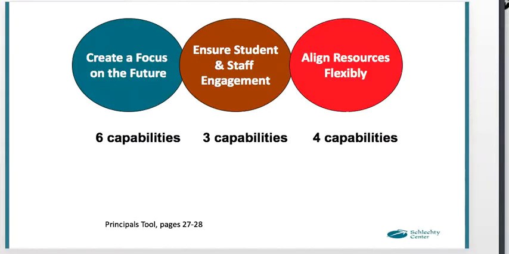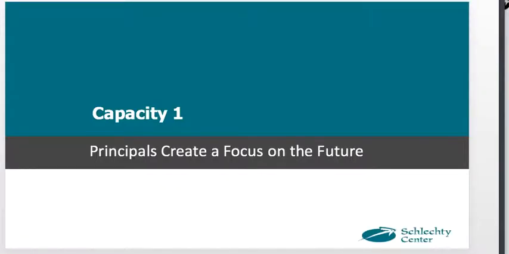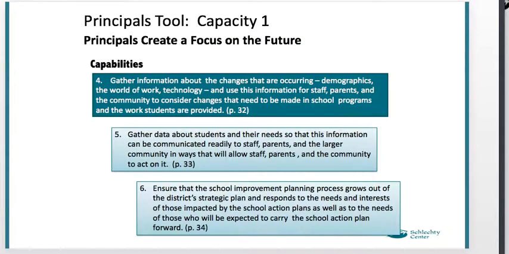For example, in capacity 1, we will focus on the principals creating a focus on the future. And the capability that we'll attend to is capability number 4, which discusses gathering demographic information.